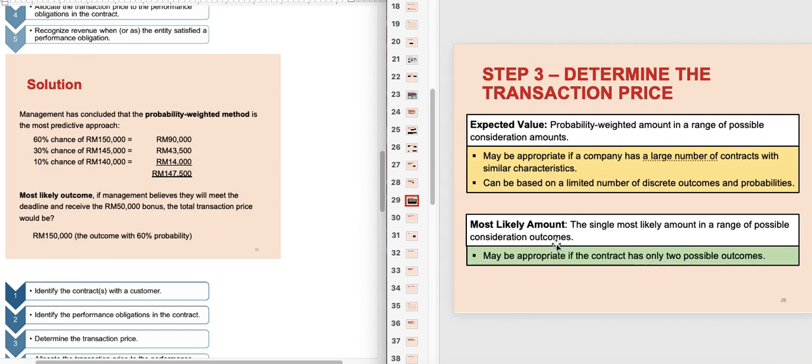But if the company has only two possibilities, then the most likely amount will be identified as the transaction price.